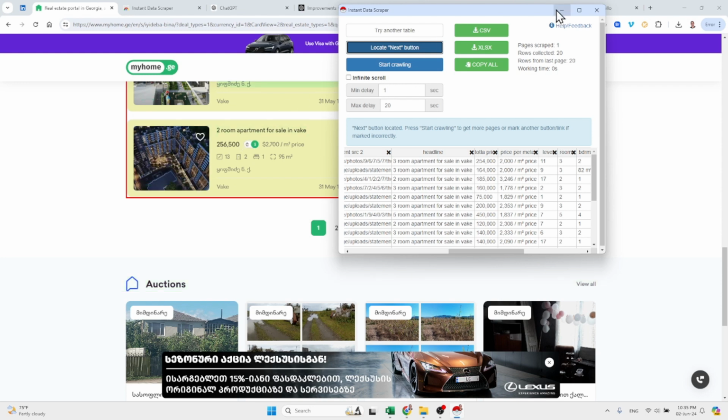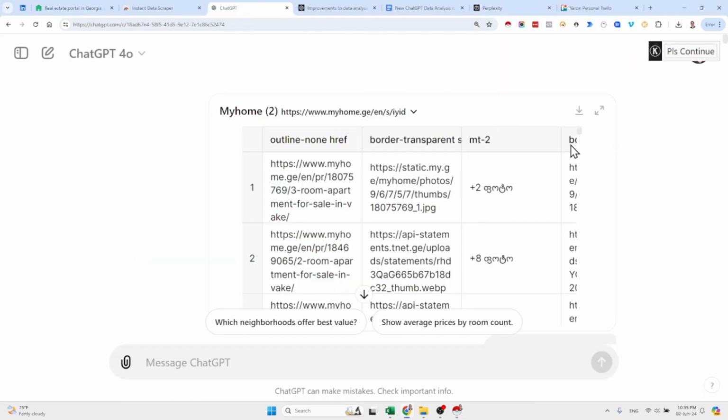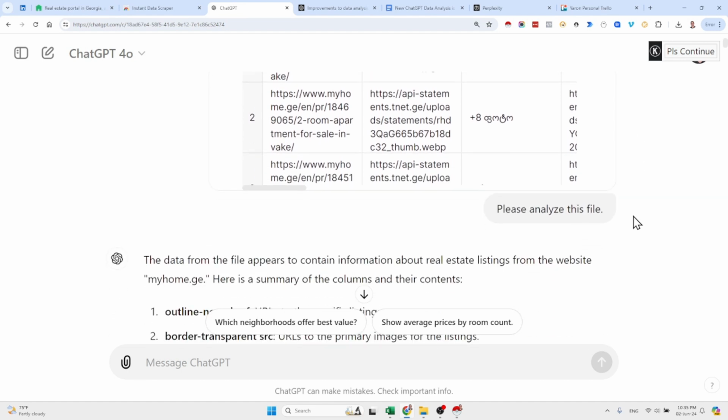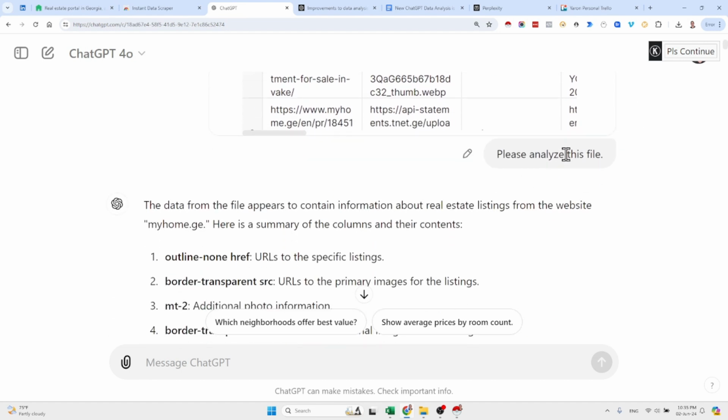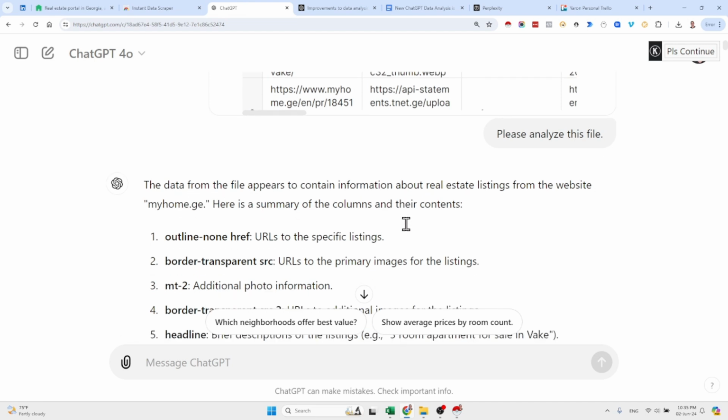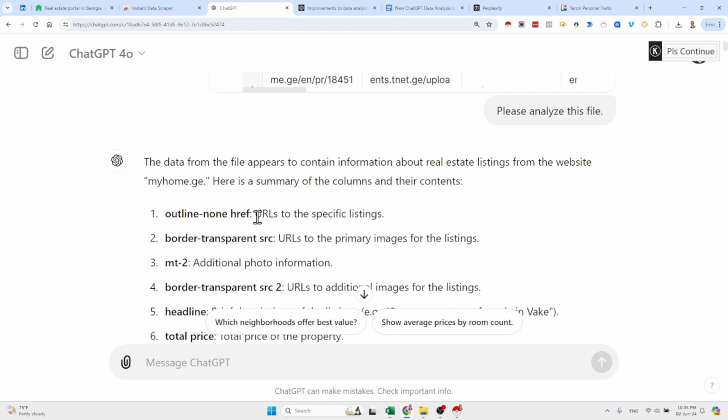So I collected this data and I uploaded it to ChatGPT via Excel. And this is my conversation with ChatGPT. So I asked it to analyze this file. It said the data from the file appears to contain information about real estate listings from the website My Home GE. Here is a summary of the columns and their content. The first column is the URL of the specific listing. The second is the URL to the primary image of the listing.